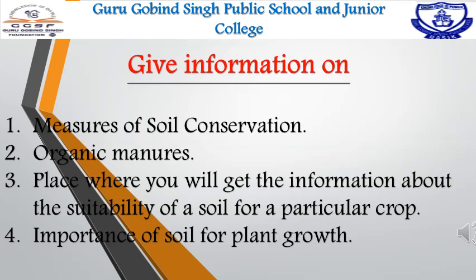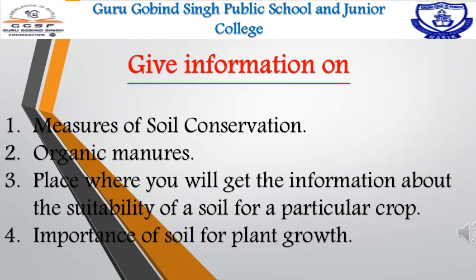The proportion of the various ingredients in the soil can be determined through soil testing done in soil testing laboratories. Children, such laboratories are available in every district. The samples are dried in an open space under a shade for 8 to 10 days and are then sifted through a sieve. Then different tests are conducted on these soil samples to determine their suitability for a particular crop.